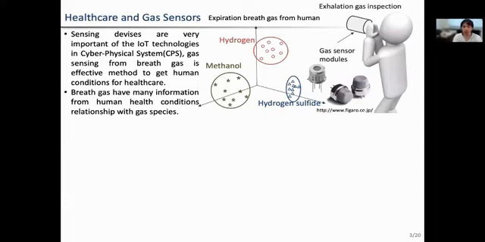The sensing devices are very important for IoT technologies in CPS, especially gas sensing from our breath gas, which is an effective method to get human condition for healthcare. The breath gas includes much information about human health condition in relationship with gas species.